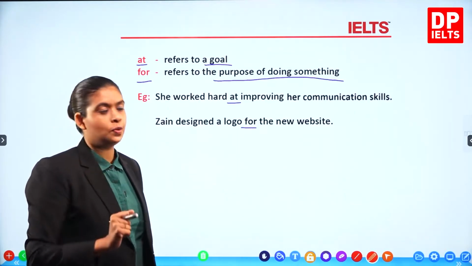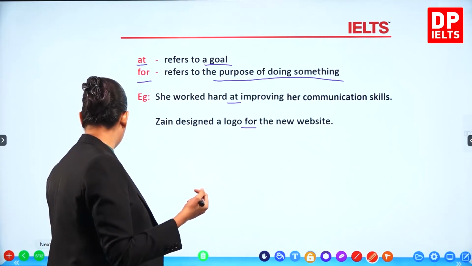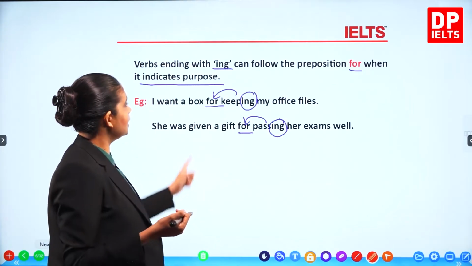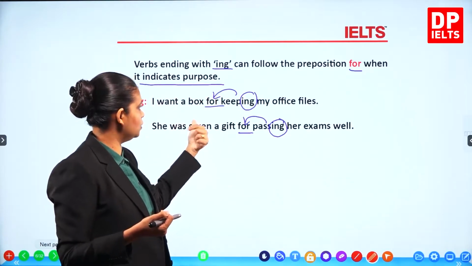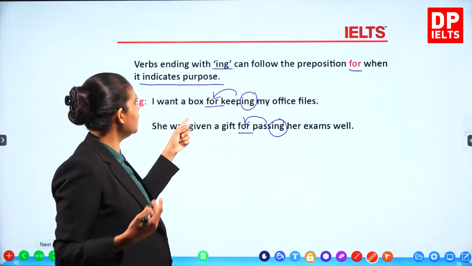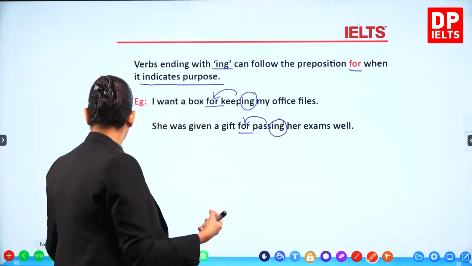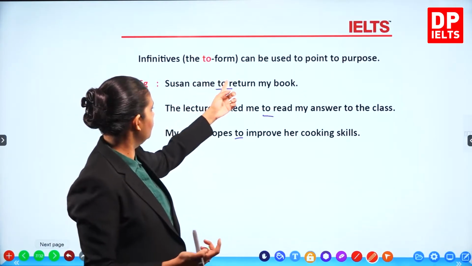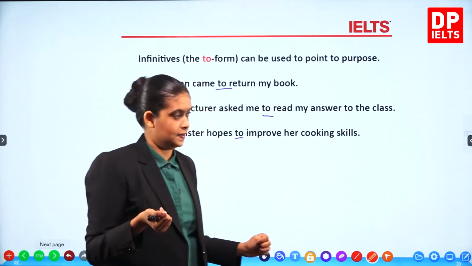At refers to a goal. For refers to the purpose of doing something. Whereas if there is an ing verb, the preposition following it, you could use for if it indicates the purpose, right? Then you can use to, right, if it is pointed towards the purpose.